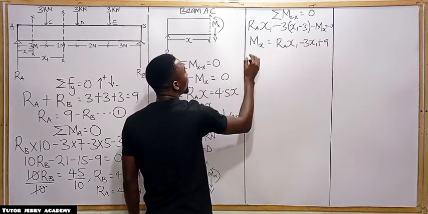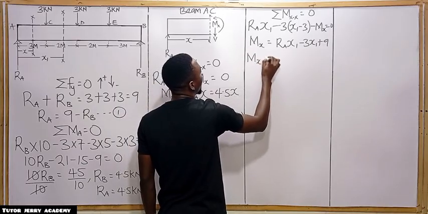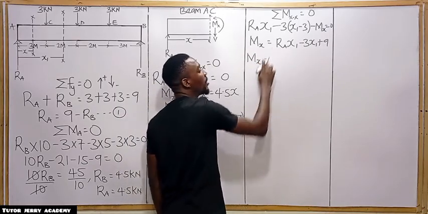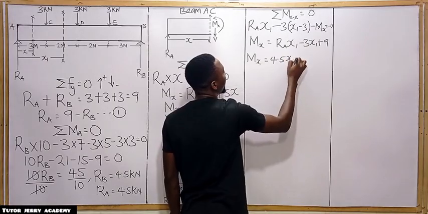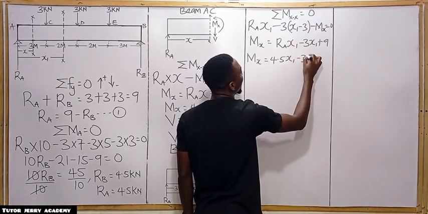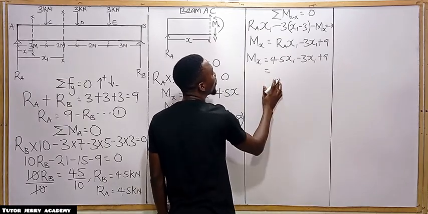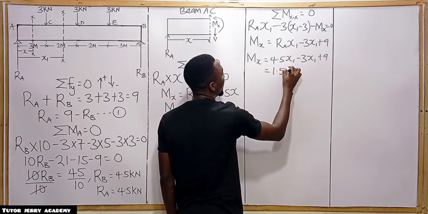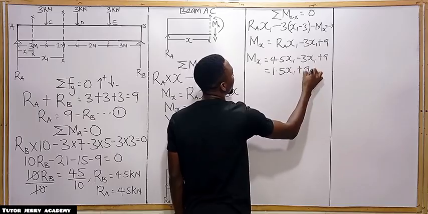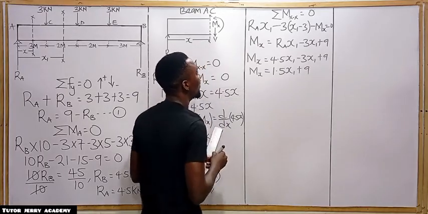Let's substitute for our reaction at A, which we already know is 4.5. So 4.5 S1 minus 3 S1 plus 9. This equals 4.5 minus 3, that is 1.5, so 1.5 S1 plus 9. This is the equation for our moment here.